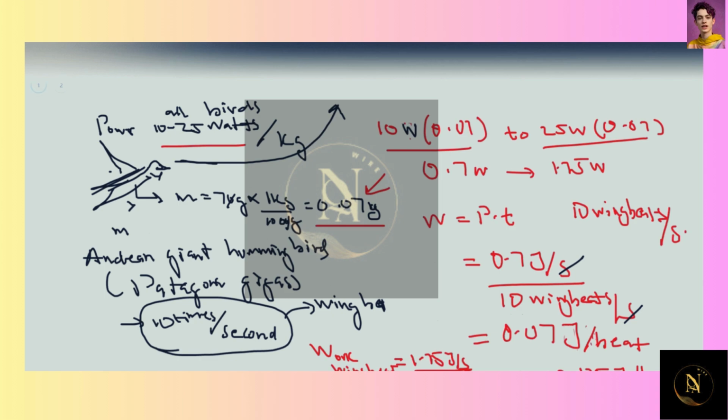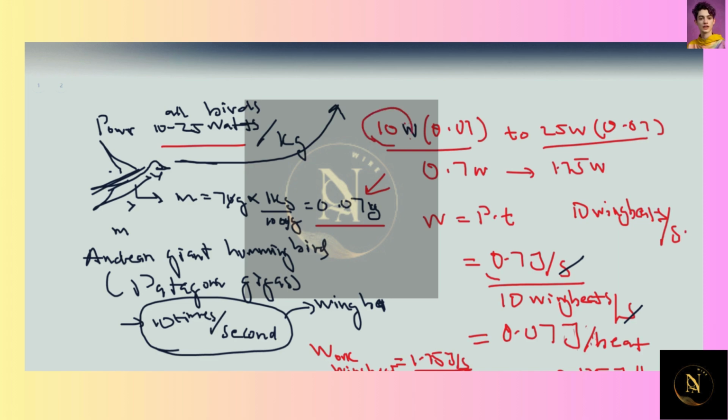So once again, looking at this problem, we had the Indian hummingbird, and it weighs 70 grams, and it's flapping its wings 10 times per second. We want to find how much work is done in each wing beat, each flap, and so we have to take the total power, this one right here.